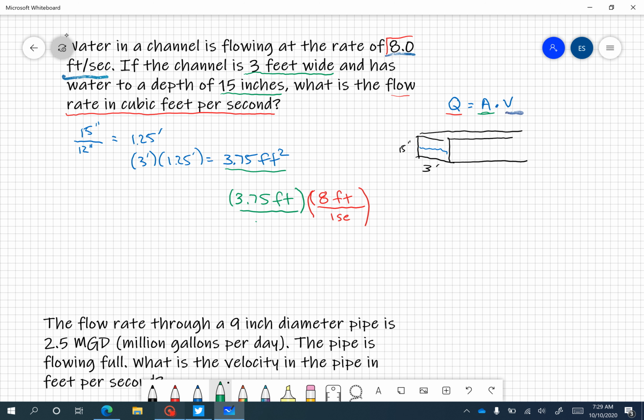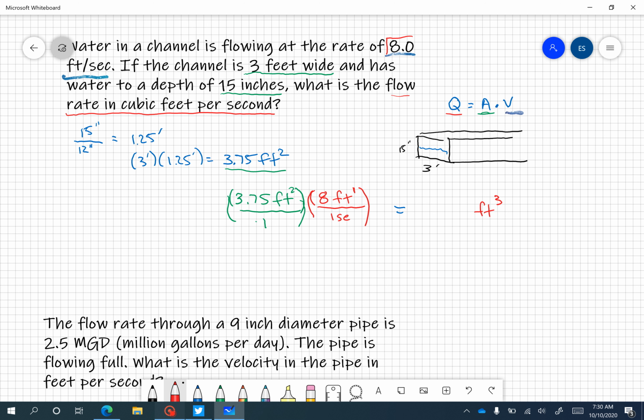To make this multiplication a little easier, I'll put this 3.75 square feet over 1. Now remember, I'm multiplying square feet times feet. You can think of linear feet as feet to the first power. Square feet times linear feet is going to give me an answer in cubic feet.